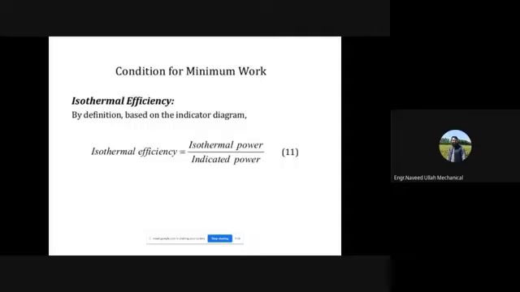And in the same way, we are basically repeating things. Previously we also had mechanical efficiency, but the process was polytropic.